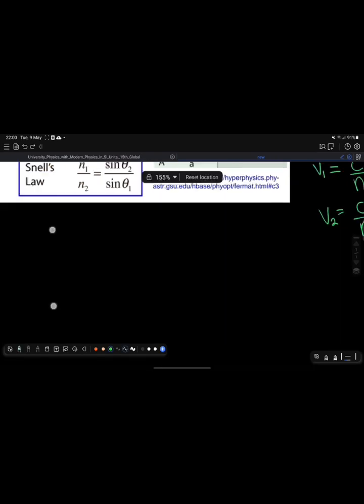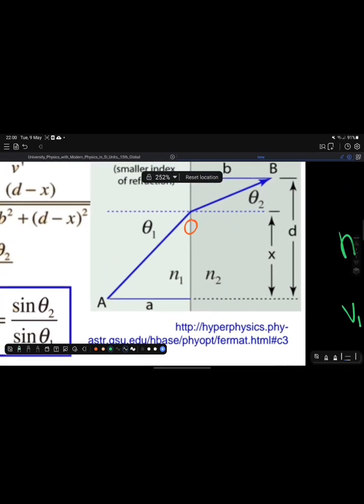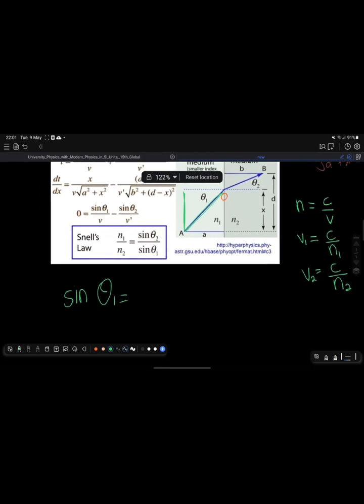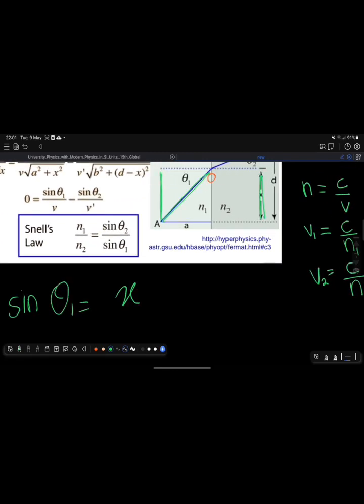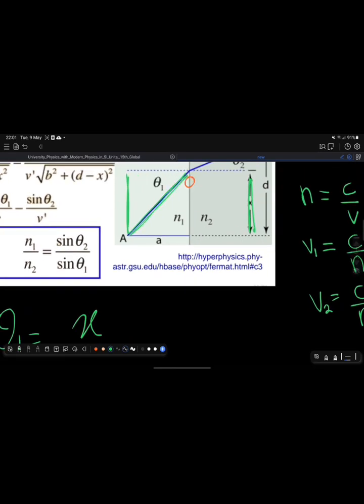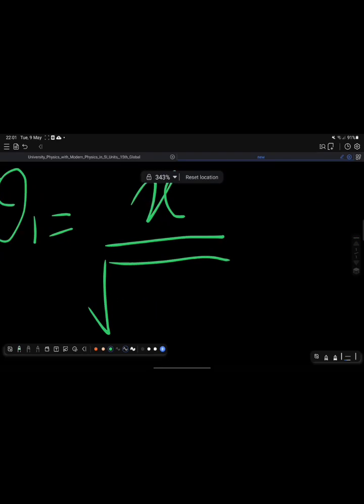We know that sin theta 1 is equal to opposite over the hypotenuse. The opposite is the line here and the hypotenuse is here. So the length of the opposite is x, and the hypotenuse is the square root of a squared plus x squared, which is the distance from A to O.